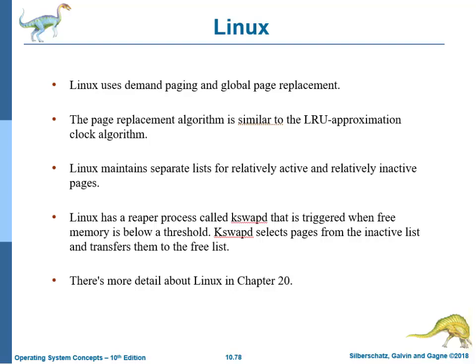Linux maintains separate lists for relatively active and relatively inactive pages. Linux has a reaper process called kswapd that is triggered when free memory is below a threshold. It selects pages from the inactive list and transfers them to the free list. There's more detail about Linux in Chapter 20.